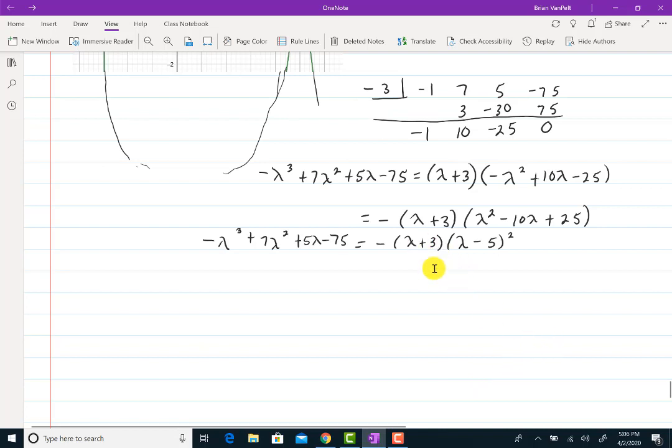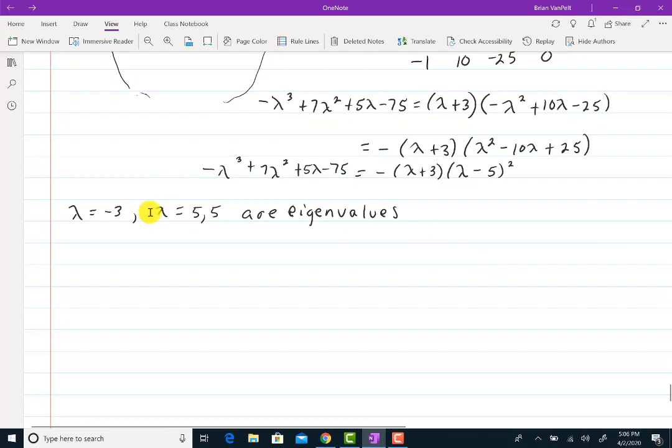So what I have then is lambda equals negative 3, lambda equals 5, and 5 are eigenvalues. And not only that, we can see that the multiplicity of this first lambda is 1. The multiplicity of the second lambda is 2.